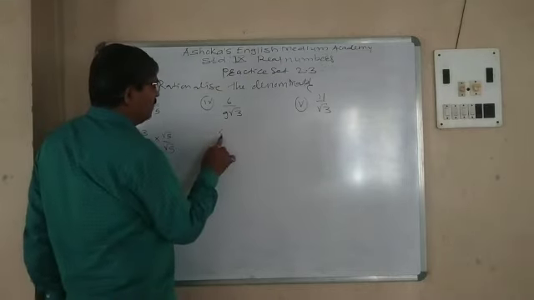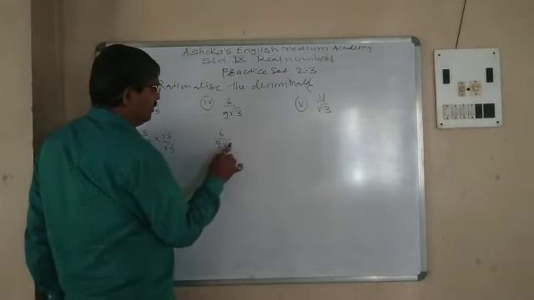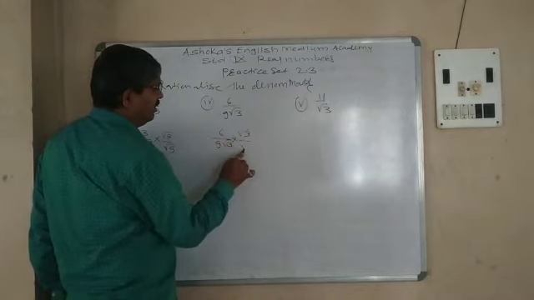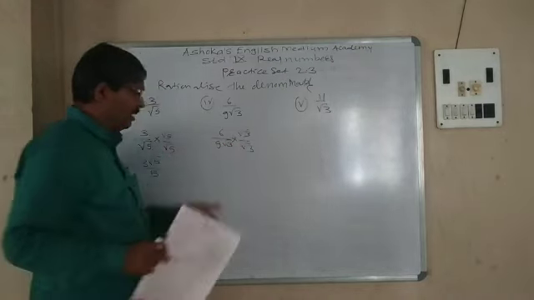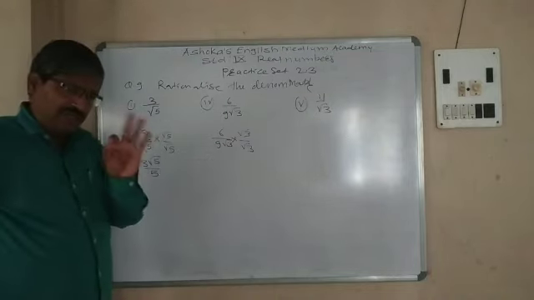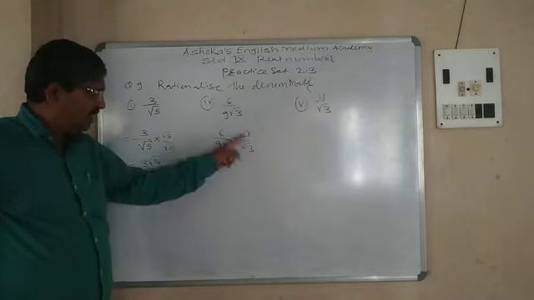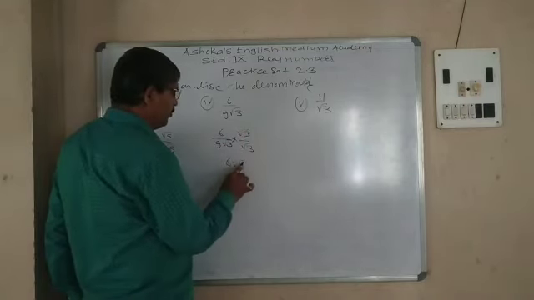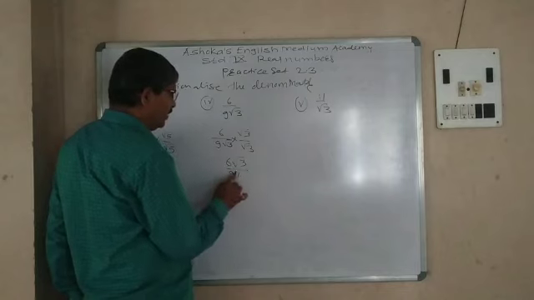Here what will you do? 6 upon 9 root 3. Now here multiply by only the irrational number. Denominator is 9 root 3, but root 3 is an irrational number. Multiply by the irrational number. So what happens? 6 root 3 and 9 root 3 into root 3.